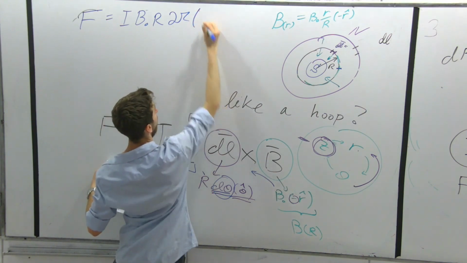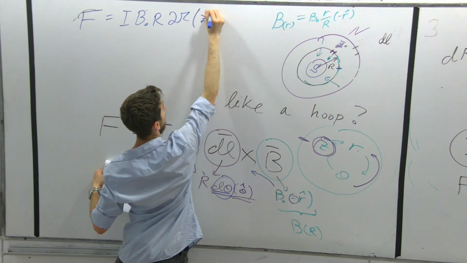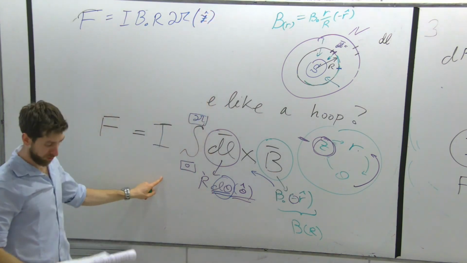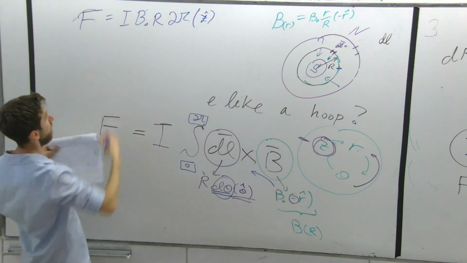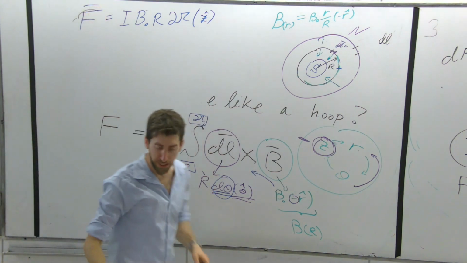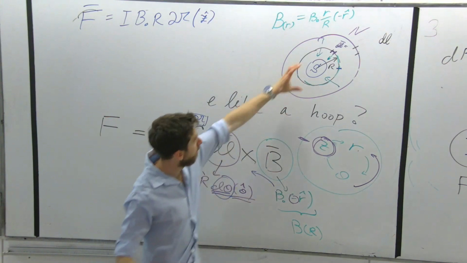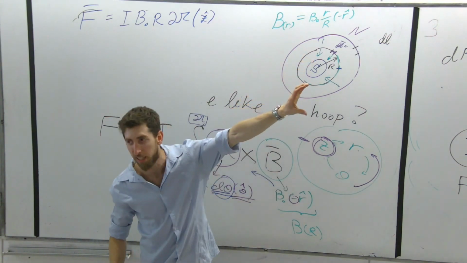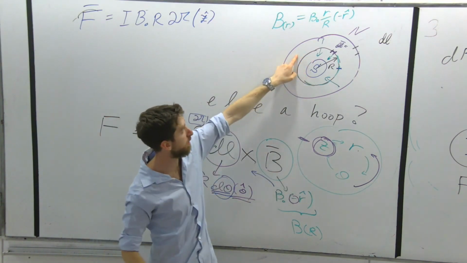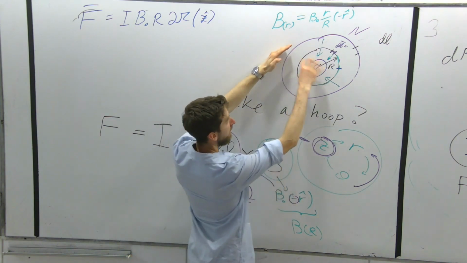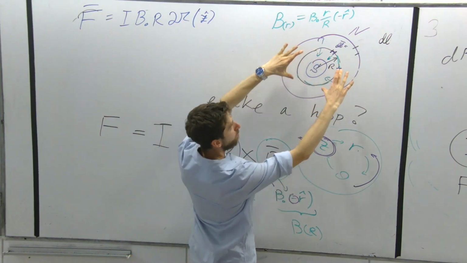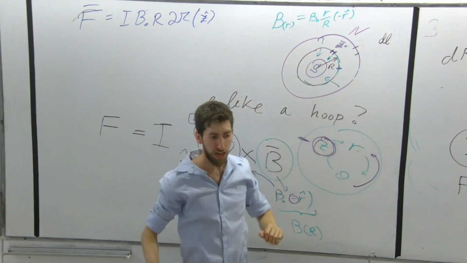And what is the direction of the force? We already said it's in the z direction. So the ring wants to move in the z direction. If this is the magnet outside and the ring is inside, the ring wants to move. Understood?